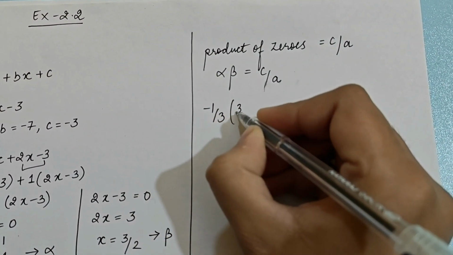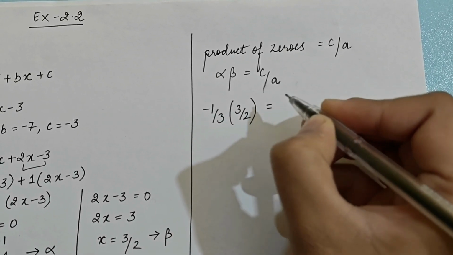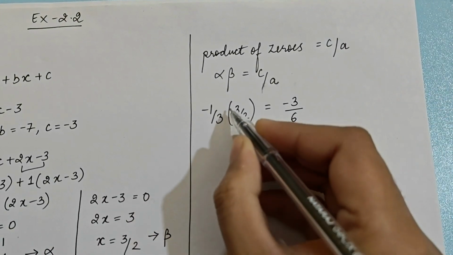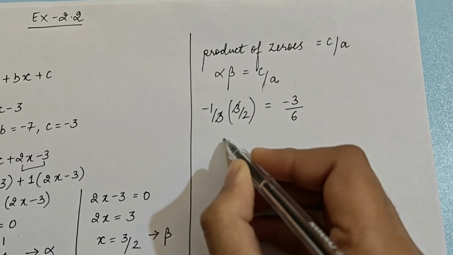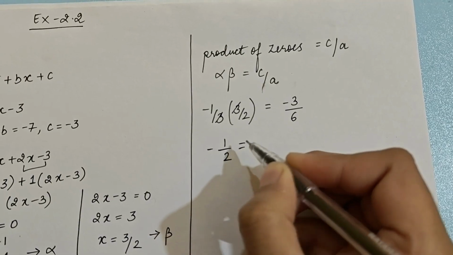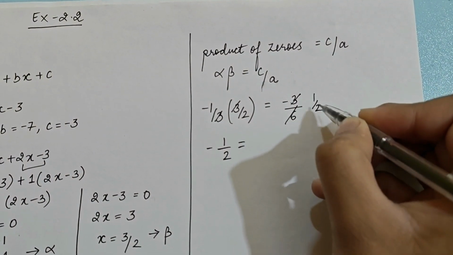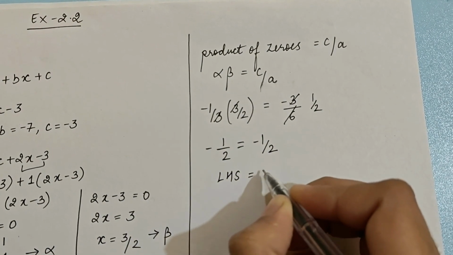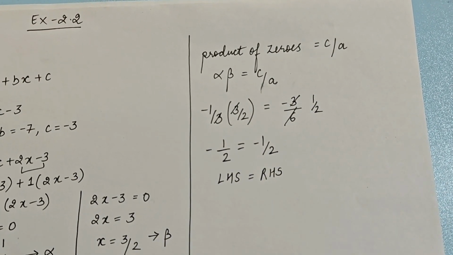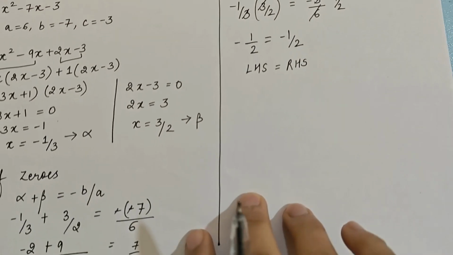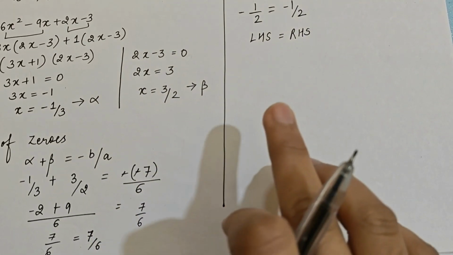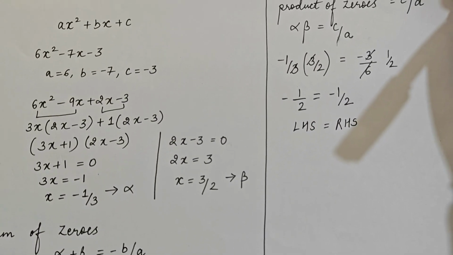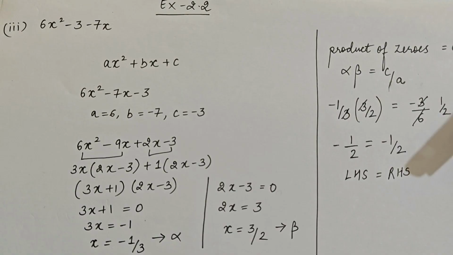What is beta? 3 by 2. And what is C? Minus 3. What is A? 6. Okay, 3 cancels with 3, so minus 1 by 2 remains here. And again it is 1 by 2, and we have minus here, that is minus 1 by 2. So we verify LHS is equal to RHS. So we verify the relationship between the sum of the zeros and the product of zeros. Okay. So this is our part 3.